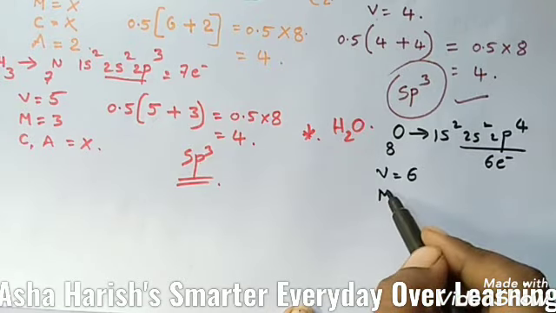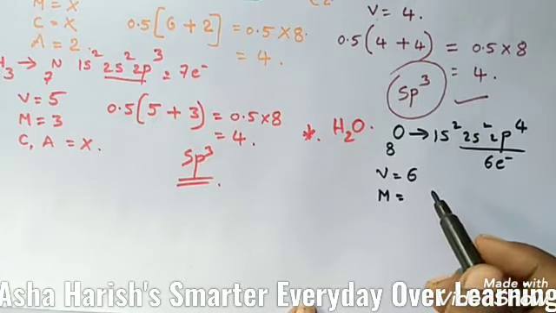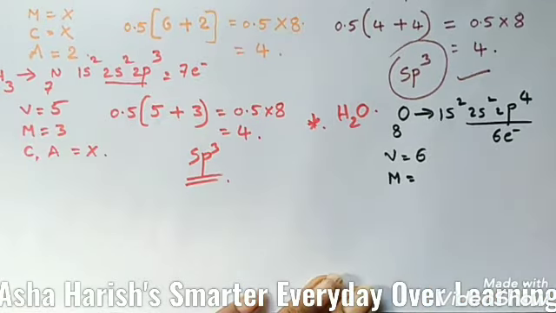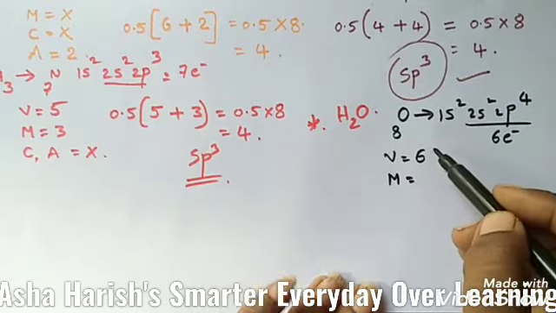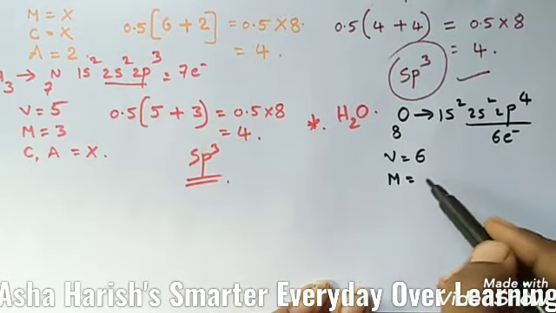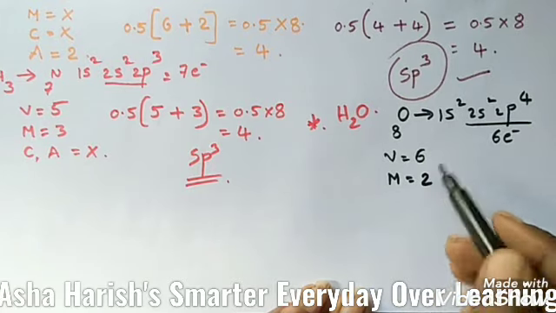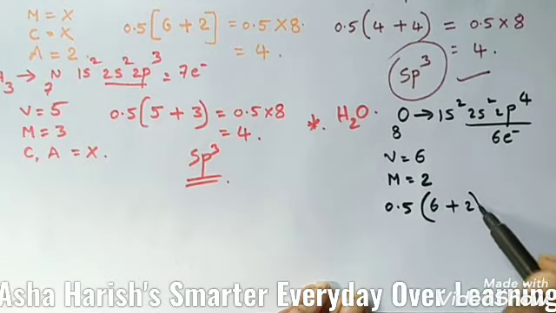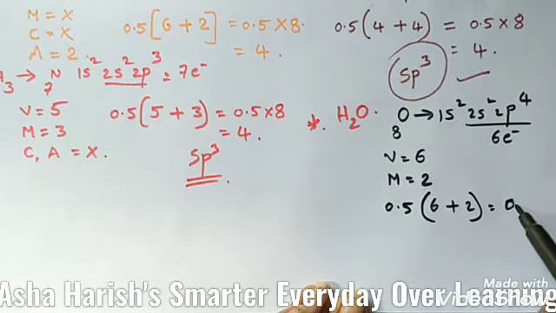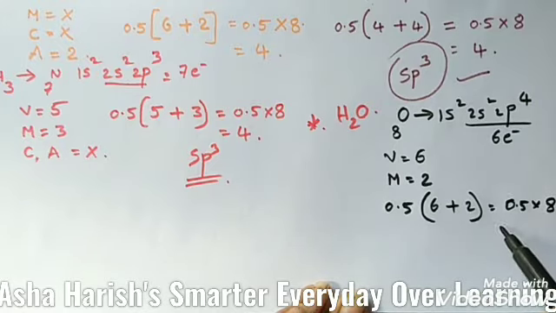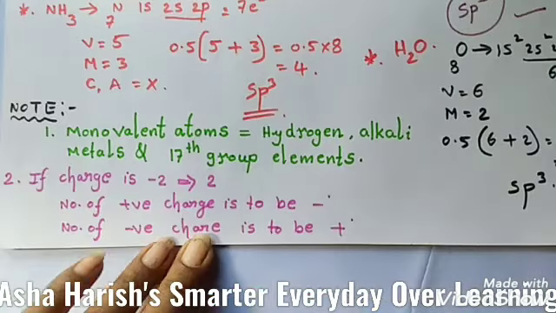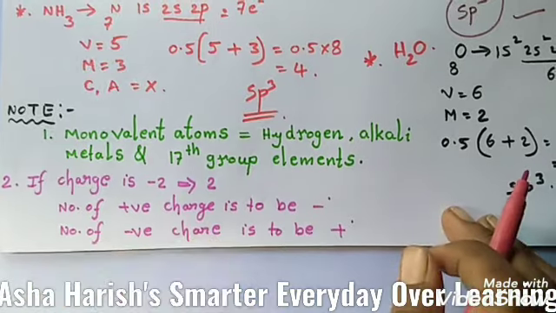And students, M is equal to monovalent atoms, here two hydrogen atoms, that is monovalent, so here 2. If you apply that formula, 0.5 into 6 plus 2, so 0.5 into 8, that is 4. 4 means sp3 hybridization.